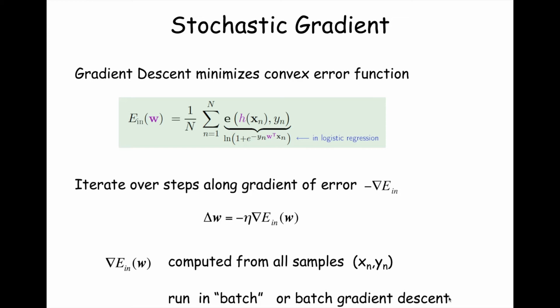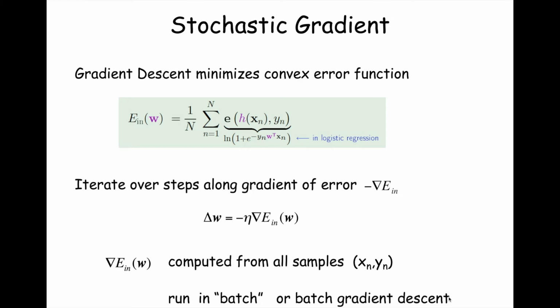And so that pointwise error can be different things. In the case of logistic regression, it's cross entropy error. So there's our expression for in-sample error. And we iterate in steps along the gradient from one pass through the whole data set to the next. We iterate through our weight updates, some update eta, some proportion relative to the gradient magnitude of in-sample error.